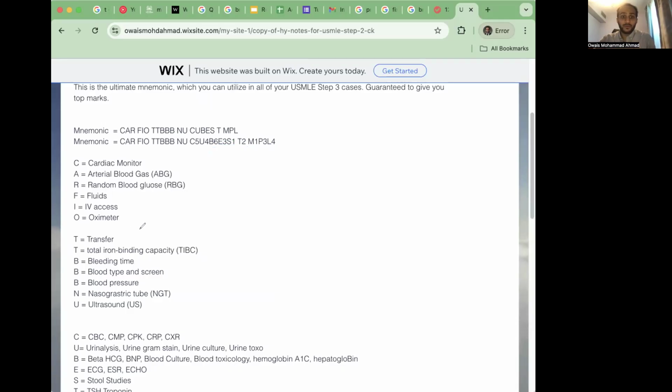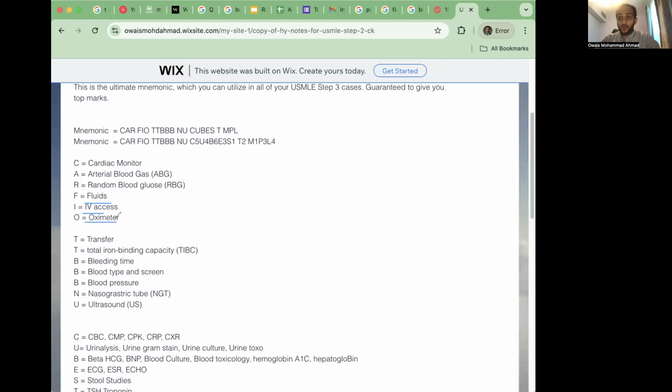First I will start off with CAR. C is cardiac monitor, you want to monitor the heart. A is arterial blood gas, R is random blood glucose, F is fluids, I is IV access, O is oximetry.